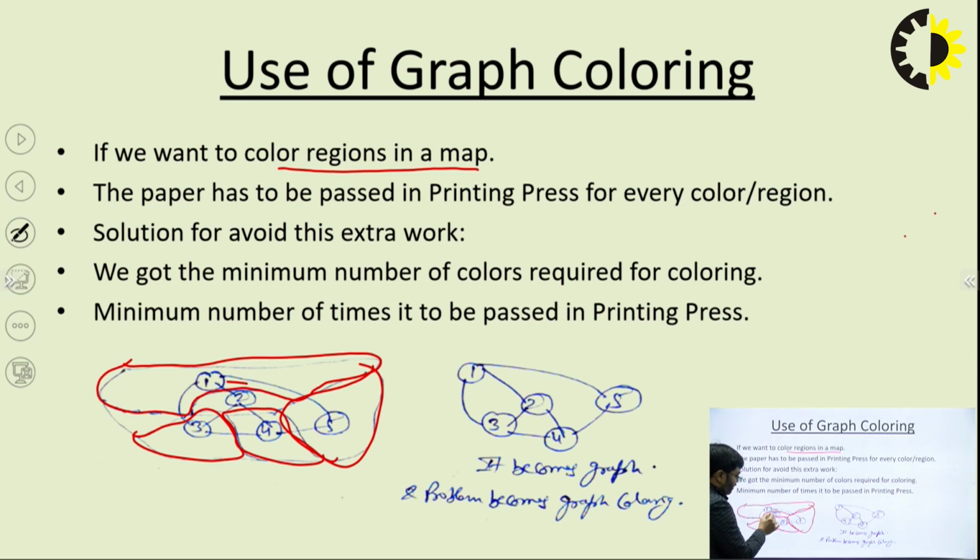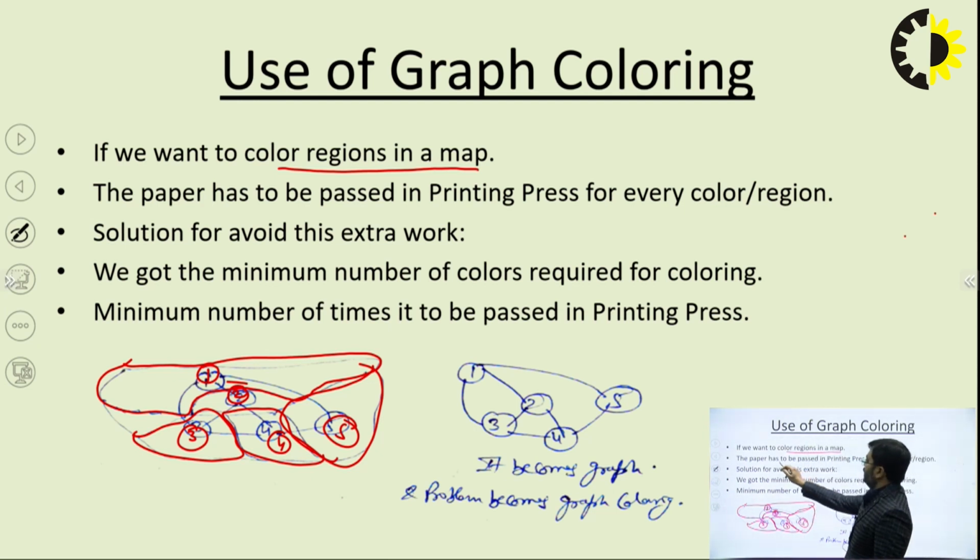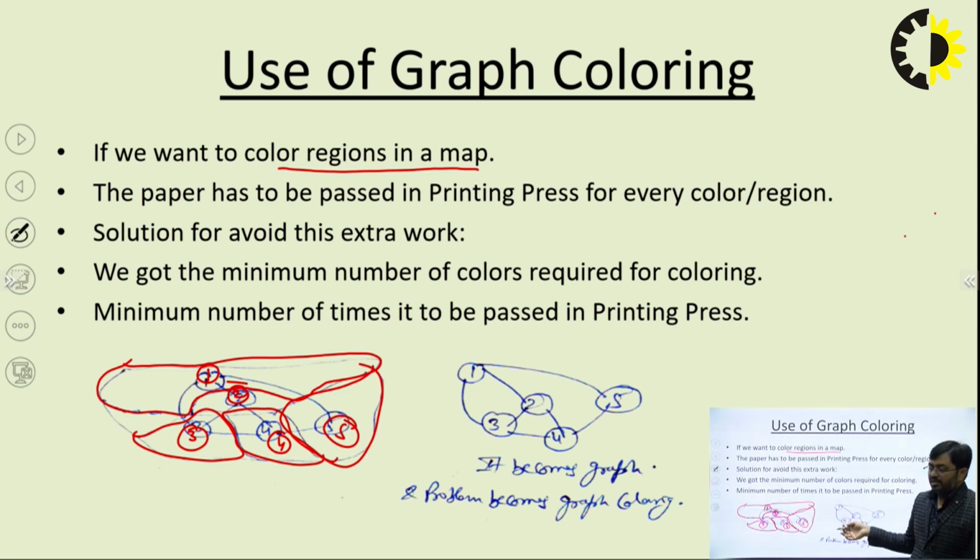Then we mark each region with a number: the first region, second region, third region, fourth region, fifth region. We ensure that no two adjacent regions have the same color, by which we can distinguish them easily.